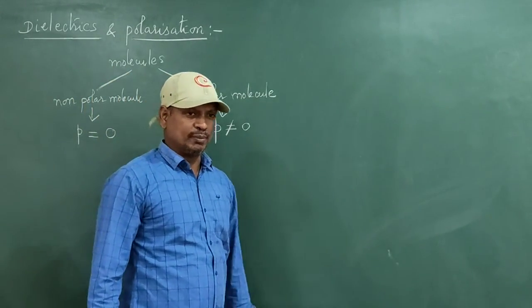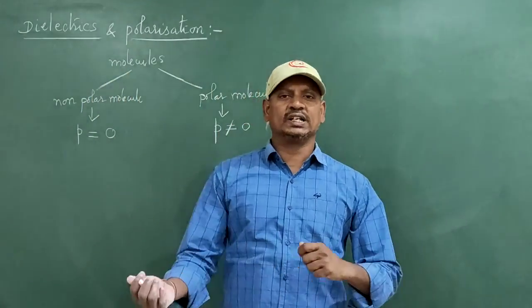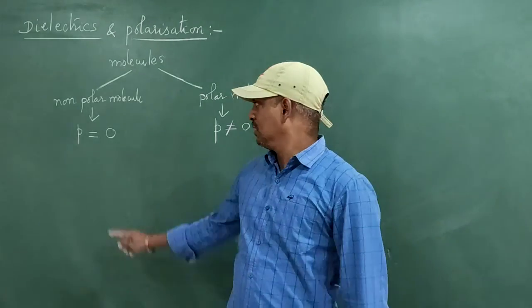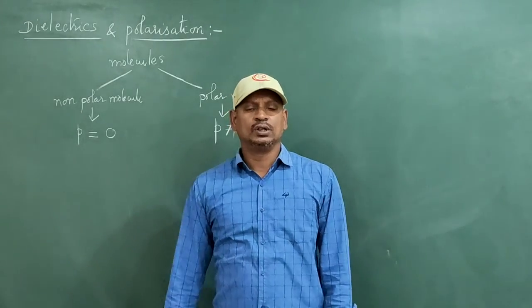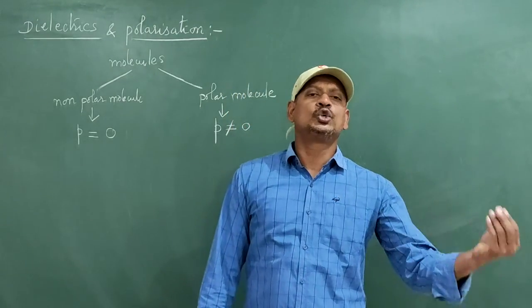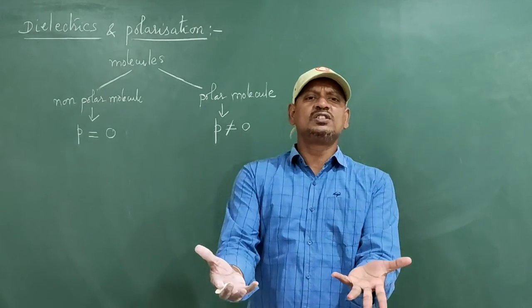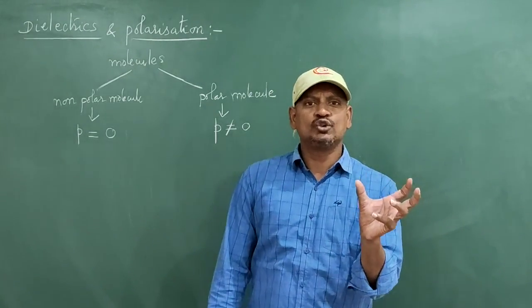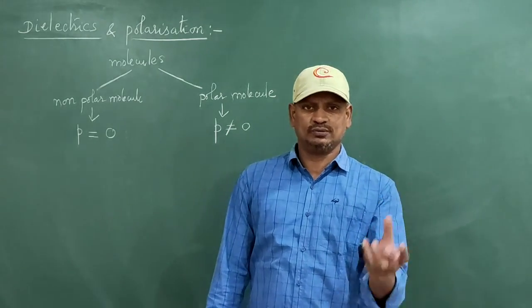If there is a dipole moment, we should have a positive charge and a negative charge, and both of them are separated by a small distance. But here the dipole moment is zero. We know very well the formula: 2a into q. If q is zero, there is no question of a dipole at all. That means 2a has to be zero.